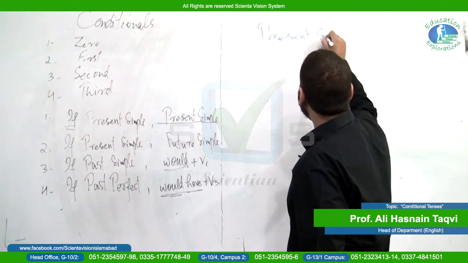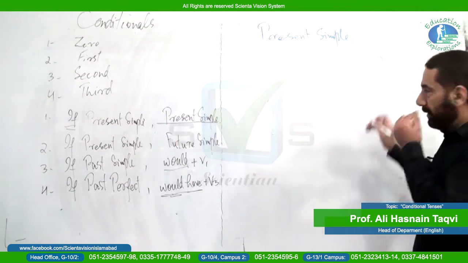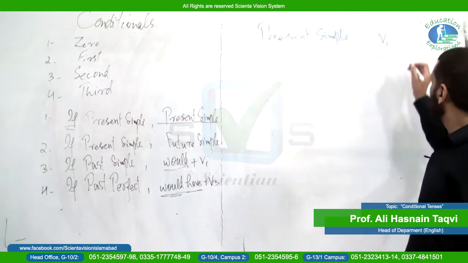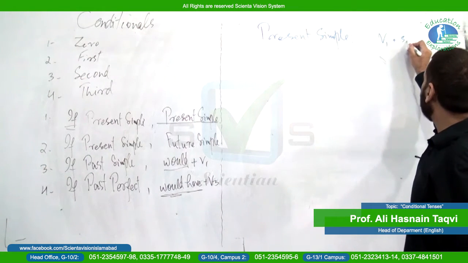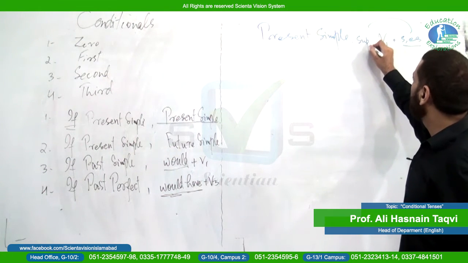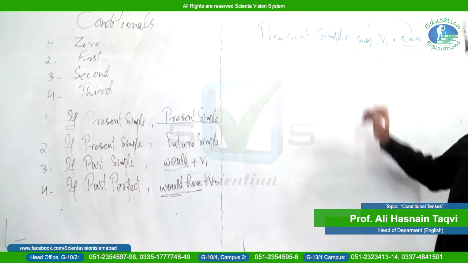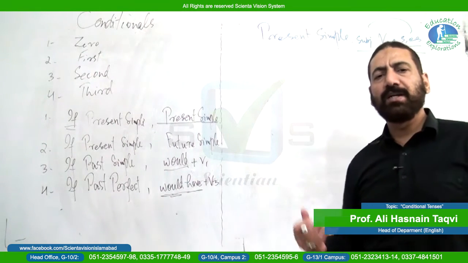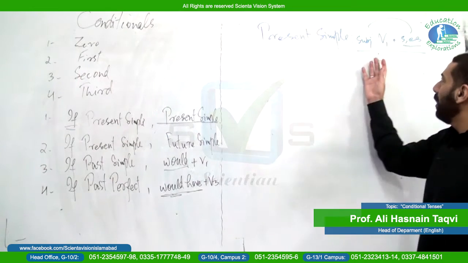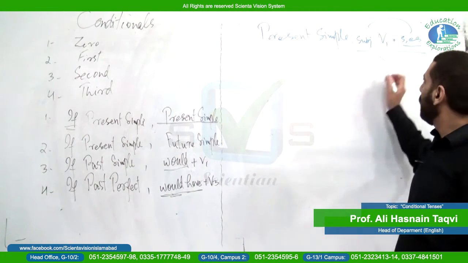When I say present simple, this is V1 plus S or ES depending upon the subject. That's our declarative assertive sentence. So whenever somebody says present indefinite or present simple, he or she means to suggest first form verb.